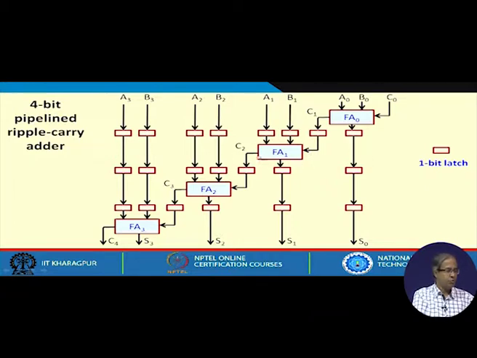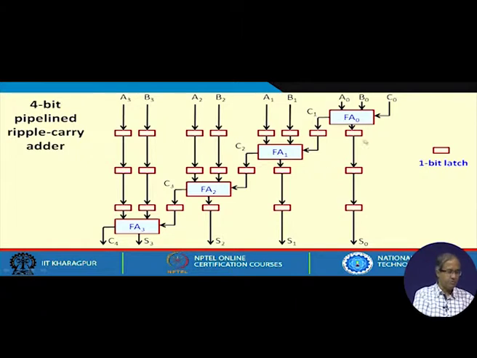In stage 2 only the second full adder is active, the others are simply dummy, these values are copied into the next latches simply, this sum is copied. Okay. So, again this carry is copied, this sum is copied. In the third stage again there is a full adder here, the sums are copied, these bits are copied, and in the last stage there is a full adder.